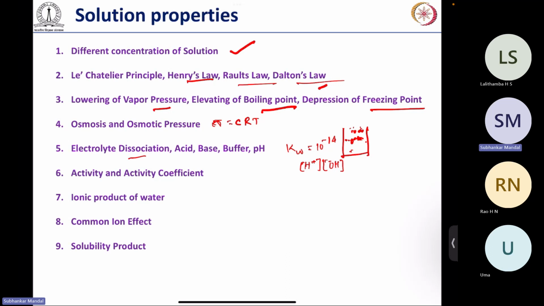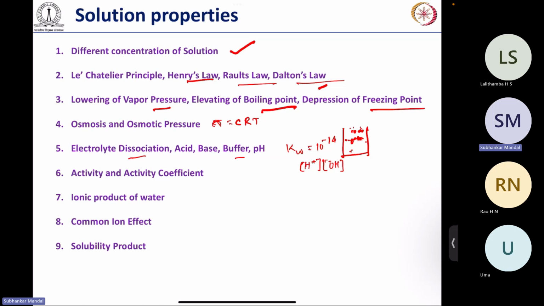And then in acid-base we also know what is a strong acid and what is a weak acid. After that, buffer solution: how to represent the pH of a solution, and if the pH is changing, how it can be resisted by the solution, and that is known as the buffer solution. So that we have already learned.